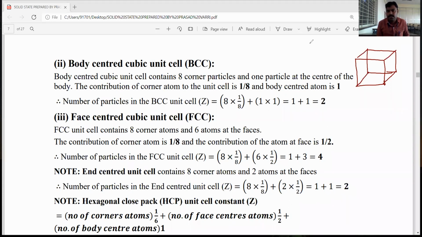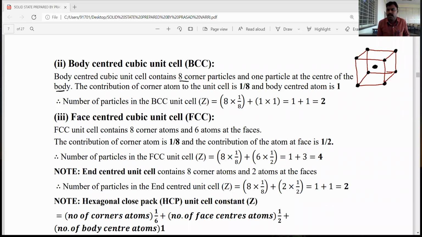Yes, these are the corners, and this is the body center. So the body centered cubic unit cell contains 8 corners, and one particle is present at the center of the body.